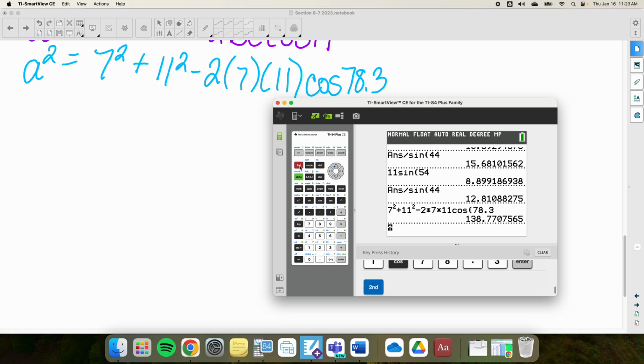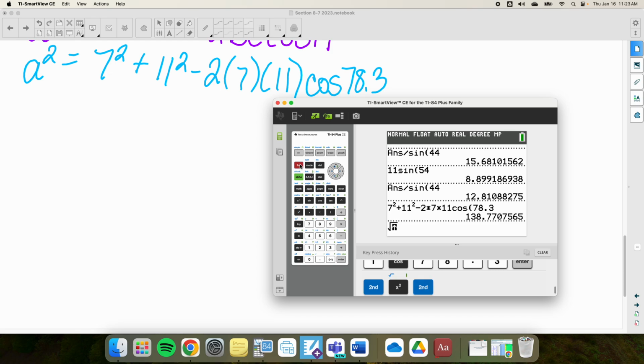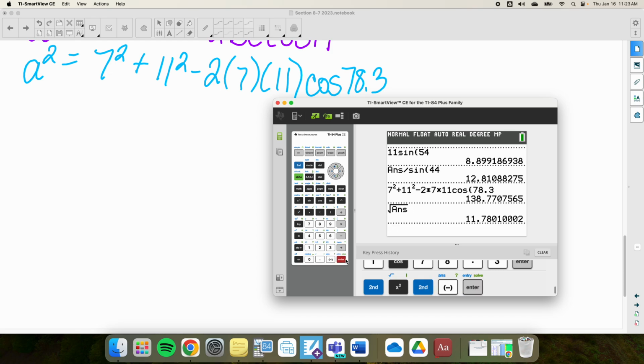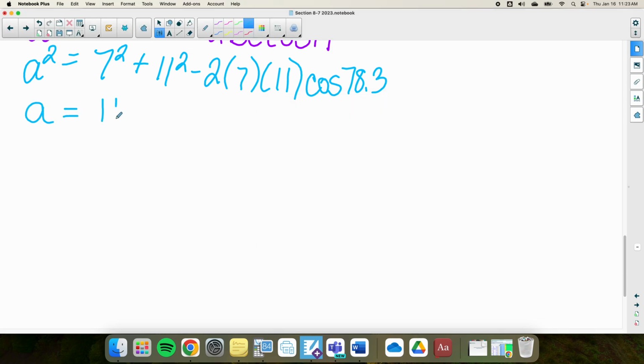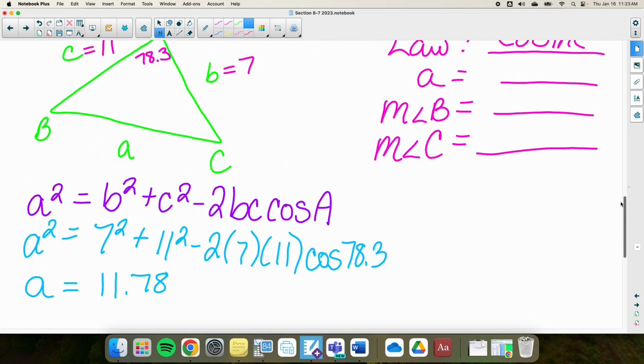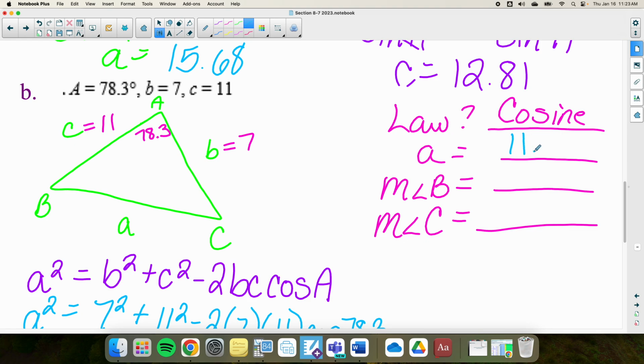So I'm going to go second x squared, second answer. Did you get 11.78? So little a is 11.78. And then we can go up here and put that here, and we can put it here.